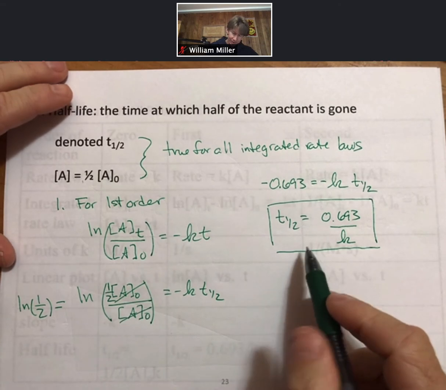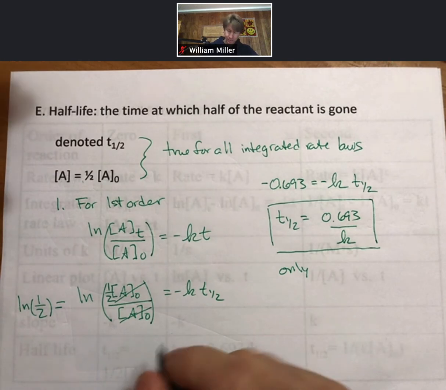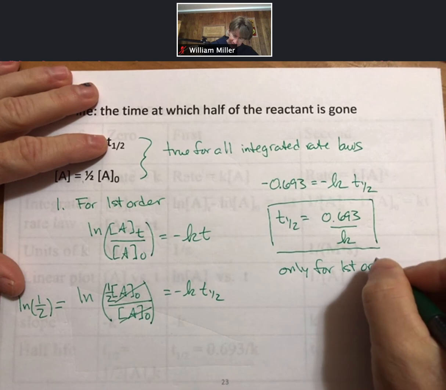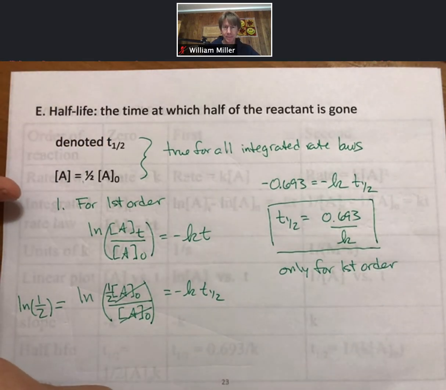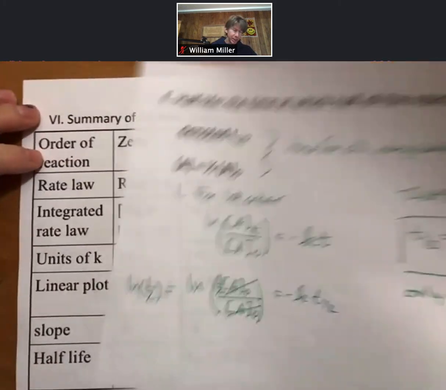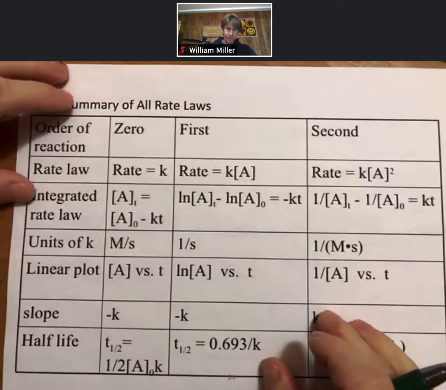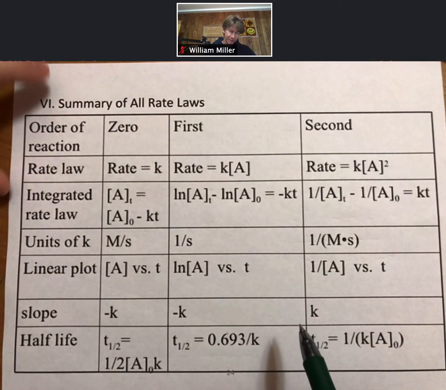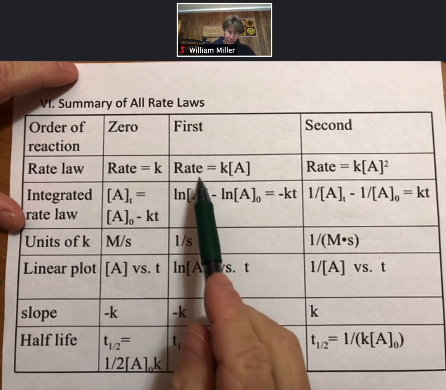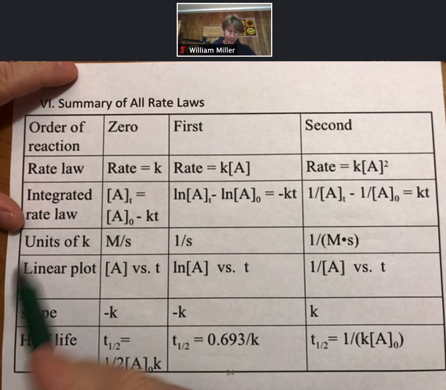And that is good only for first order, as is everything that we've done so far. And we'll talk about this more, but if we were to do that for 0, first, and second order, we would get a table that looked like this. And so this is a summary. The rate law for first order says rate equals the rate constant times your concentration.